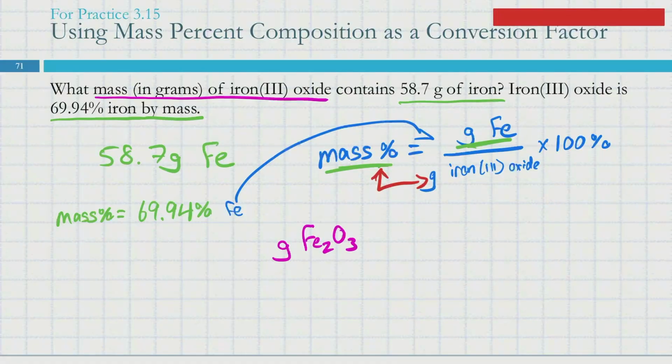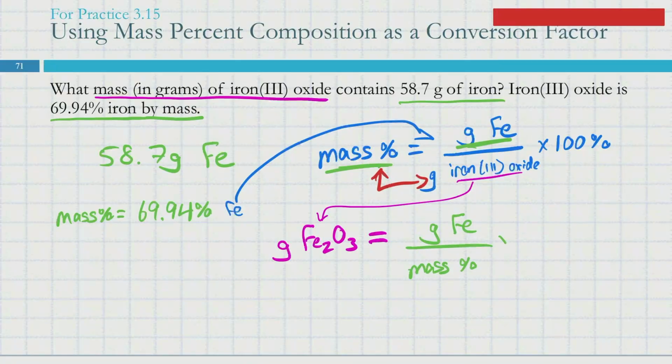Grams of iron 3 oxide, Fe2O3, equals grams of iron over mass percent times 100%. So we'll plug in the 58.7 grams. We'll plug in the 69.94%.